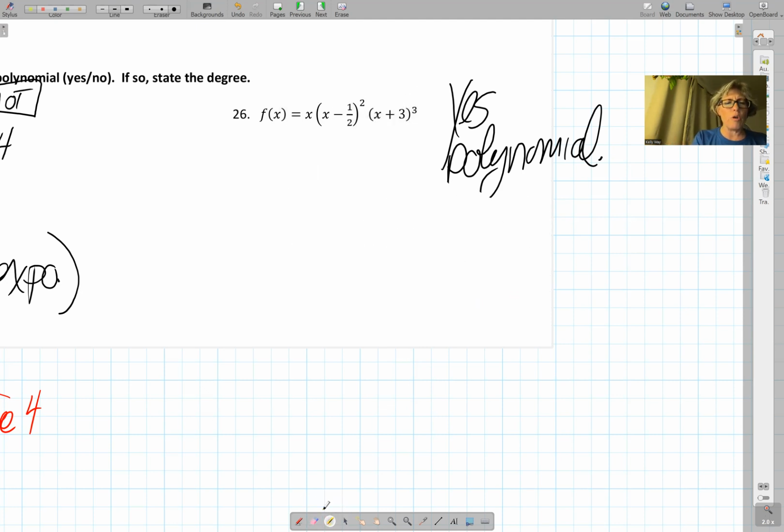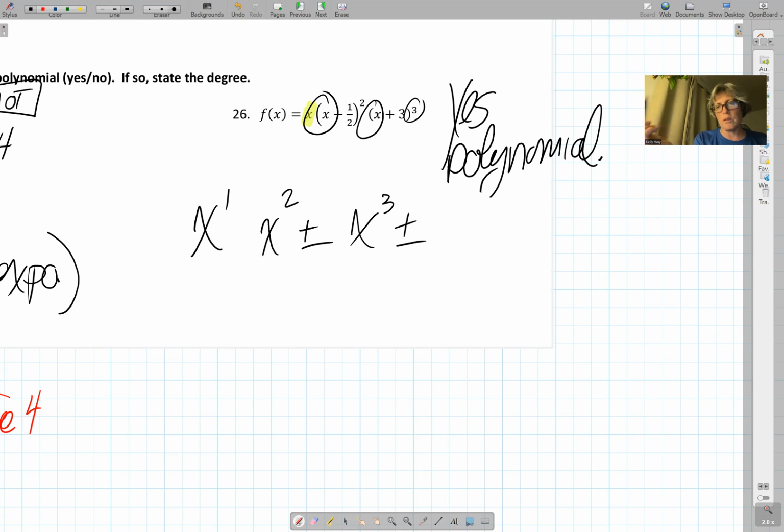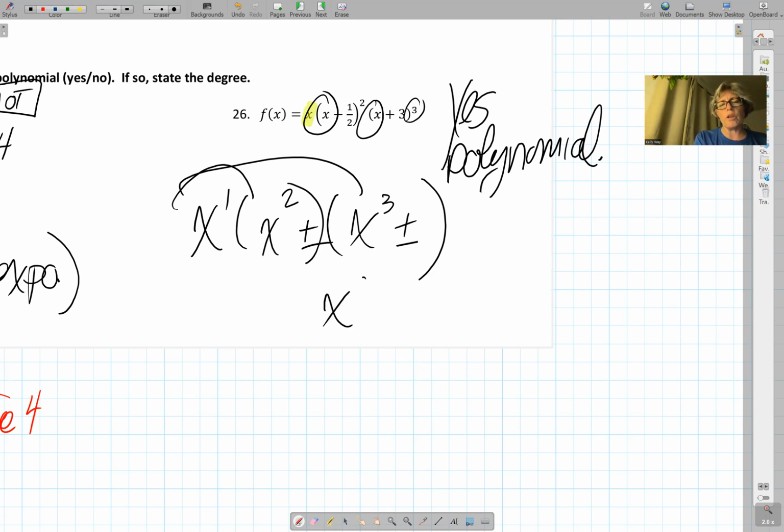So I know that in the process of FOILing, I'm going to have x to the first, and then somewhere in there x to the second, plus or minus a bunch of other stuff, and then x to the third plus or minus a bunch of stuff. So your highest exponent, because you are multiplying, would be x to the 6th.